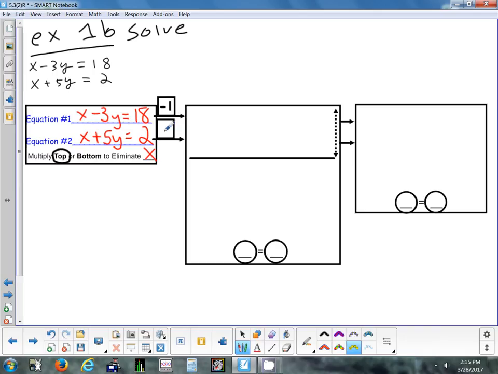What should I do now to remind myself that I have to multiply that top equation? I did it in the last one. Anybody remember? Okay. Can I do this too, just to remind myself? Mr. Hager's going to do it right now.